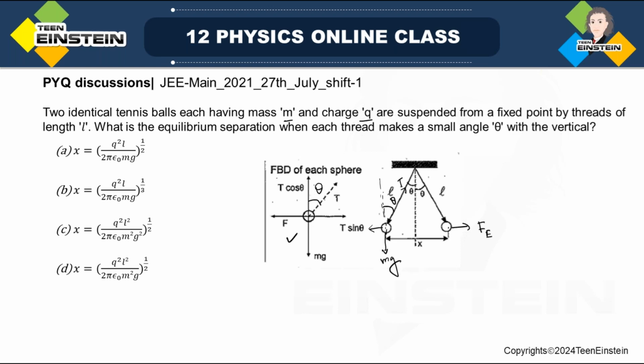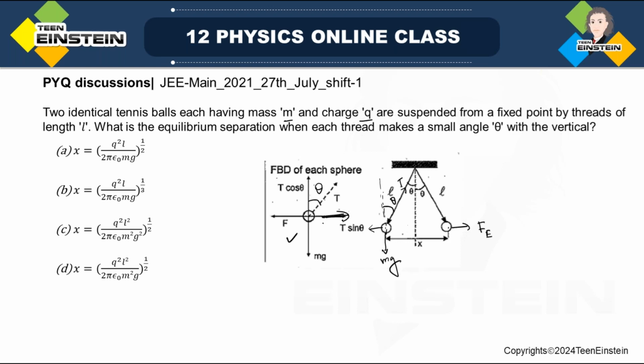So I can break this tension in the thread into two components. One is T cos theta, another one is T sin theta. So T sin theta along this direction, and this is T cos theta.